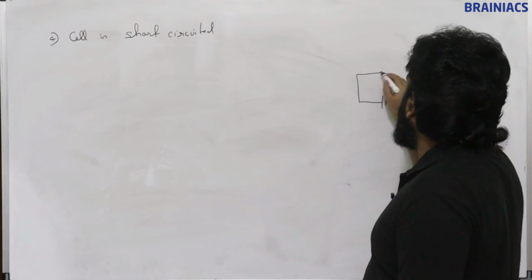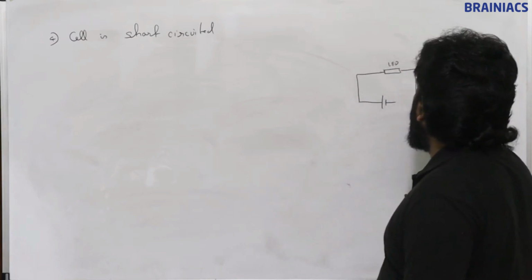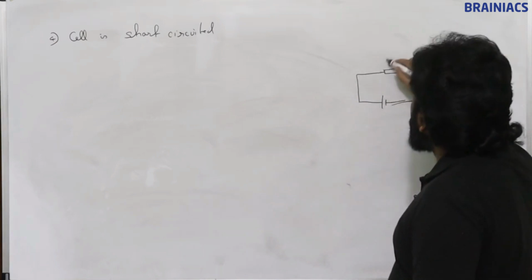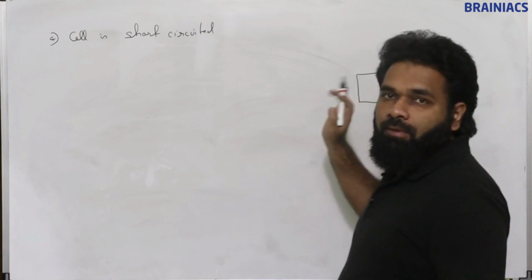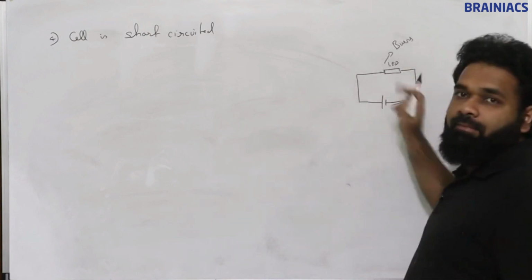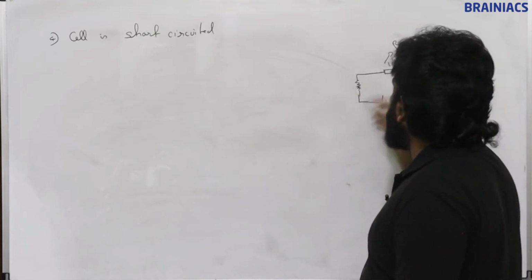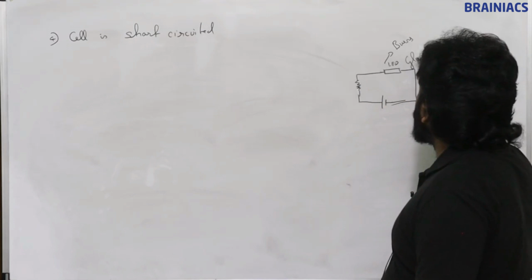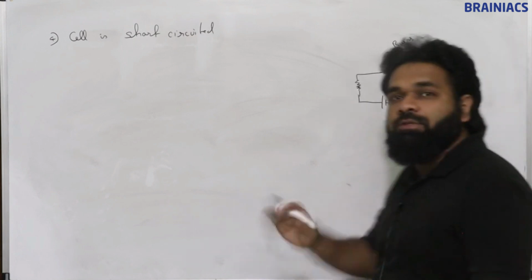If you connect that directly to an LED, sometimes it will burn off. So for that, if you take a resistance, then the LED will glow. With the resistance R, it will glow, otherwise it will burn off.